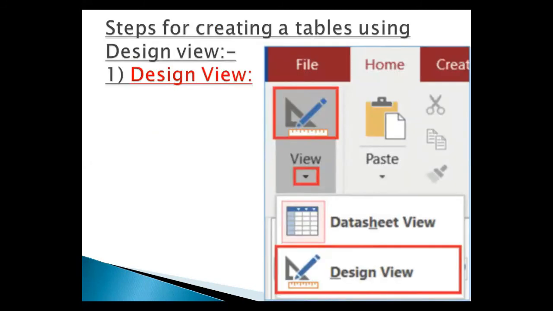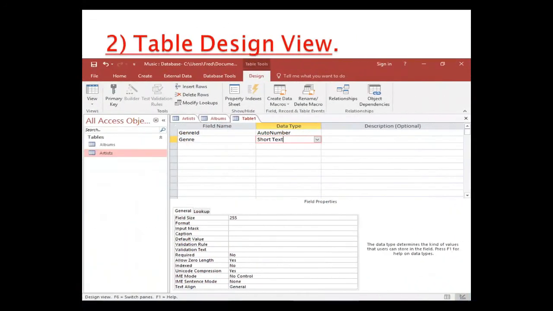Next heading is steps for creating a table using design view. To create a table in Access using design view, click on Create, then click on the table icon. Then pull down the View menu and choose Design View. Next heading is table design view. A new table then appears in the table design view.